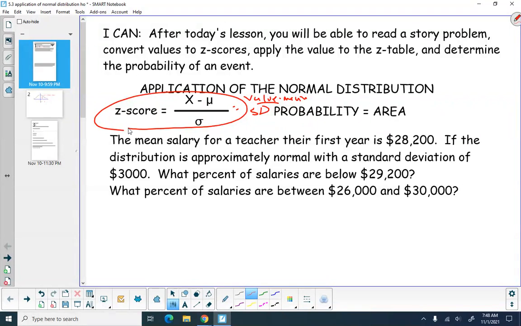Obviously, we would like to deal with the population, but sometimes that's not given to you. So we have to settle for our sample, and that's okay. Also, when we talk about probability of something occurring, we're talking about area, and your Z table will give you areas, which will give you probabilities.